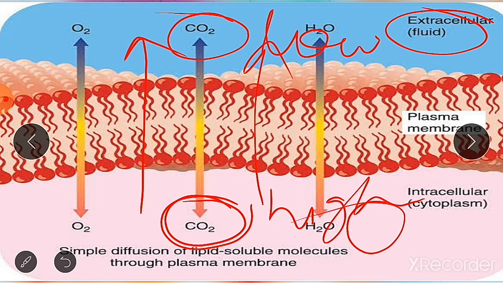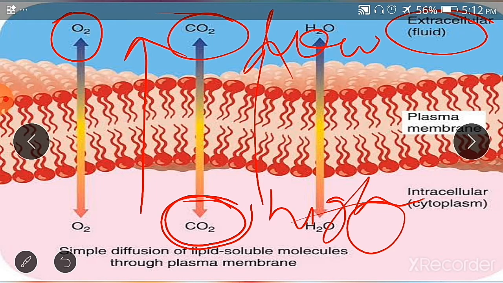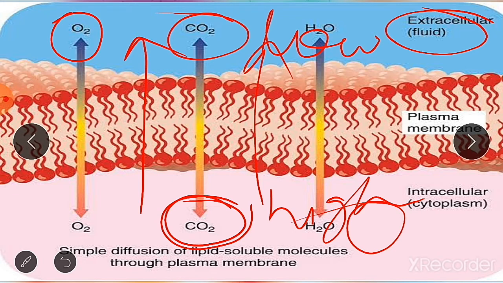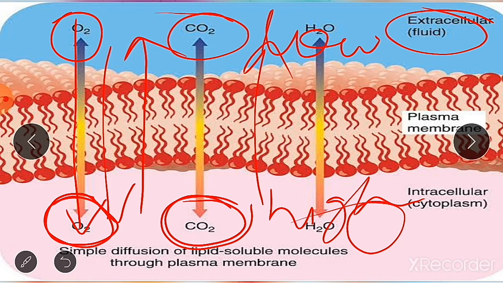Similarly, oxygen enters the cell by the process of diffusion when the level or the concentration of oxygen inside the cell decreases. So when there is decrease in the level of oxygen in the cell, oxygen from outside the cell diffuses inside the cell, and here you can see this is the plasma membrane. This diffusion takes place through the plasma membrane.